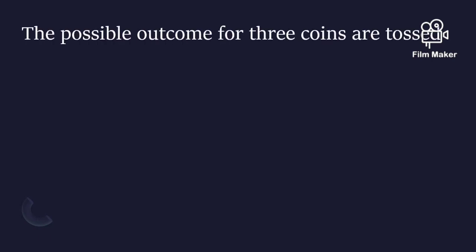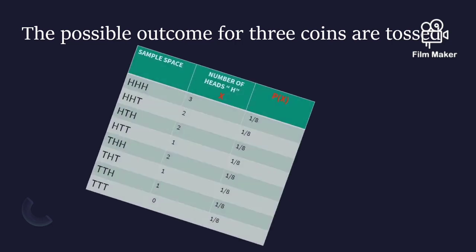So these are the possible outcomes for 3 coins tossed in a given chart.